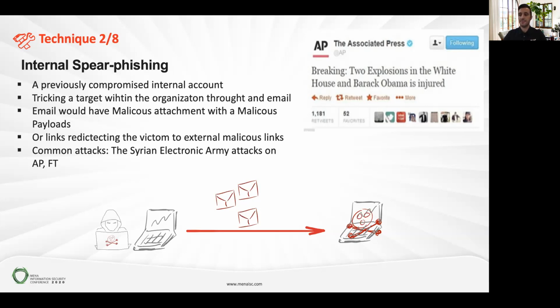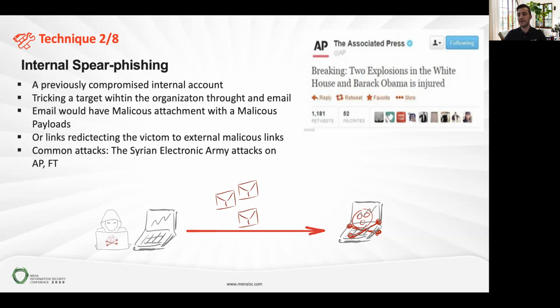Once Associated Press learned about this attack, they began warning their employees of the threat. So the attacker again sent phishing emails mimicking the Associated Press IT department, and they were able to compromise even more accounts.